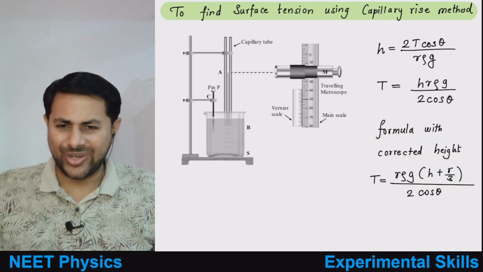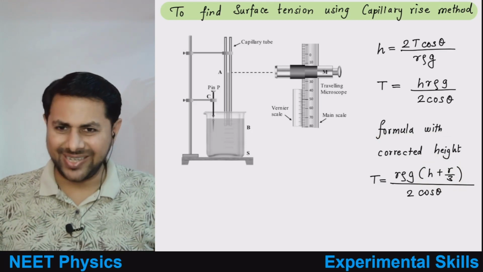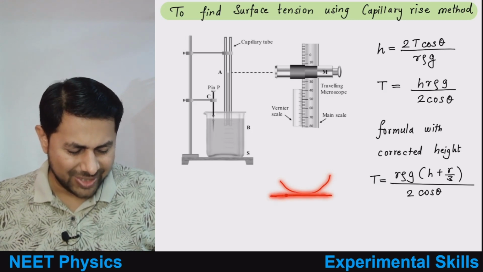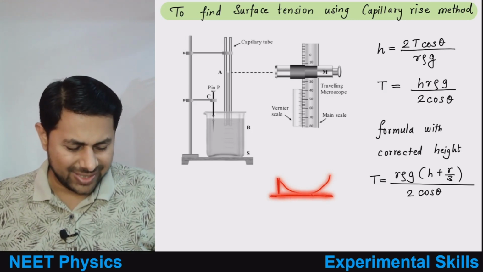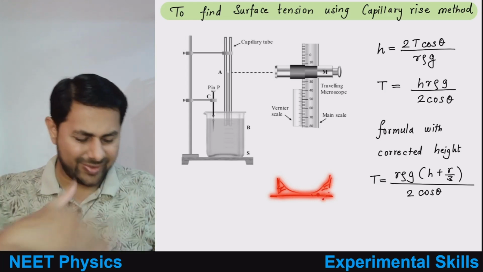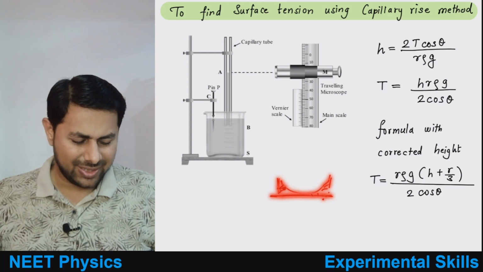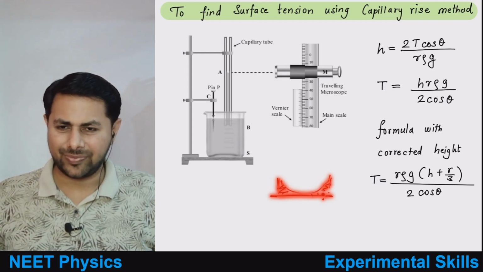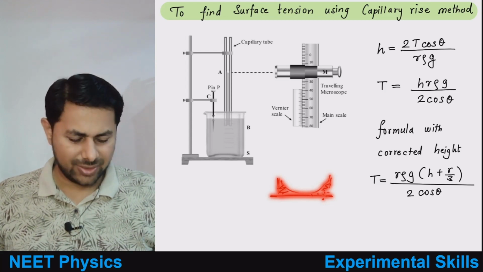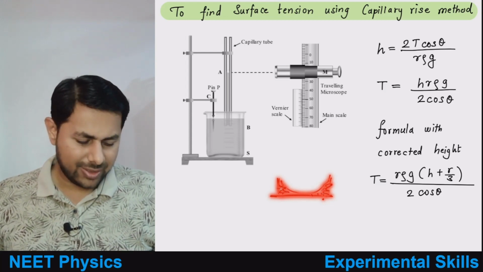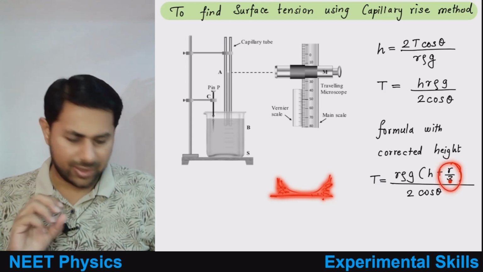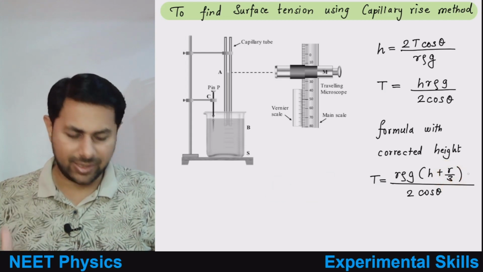So what is corrected height? You measured the height from this lower meniscus, but there is liquid above this meniscus also, if it forms a concave meniscus. Is this thing clear? So you adjust for this extra liquid. It turns out that the correction is equal to r by 3.